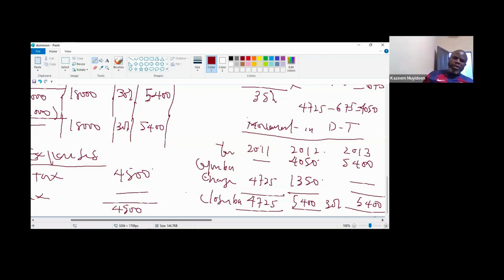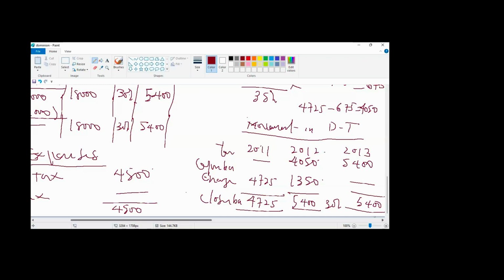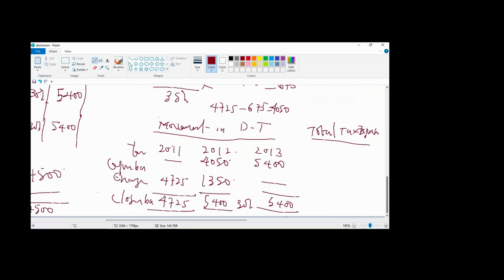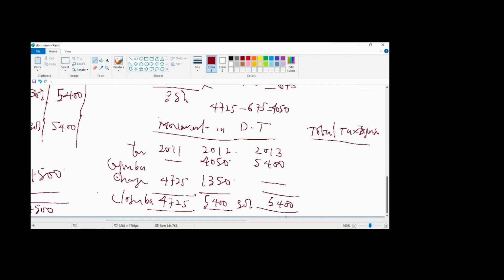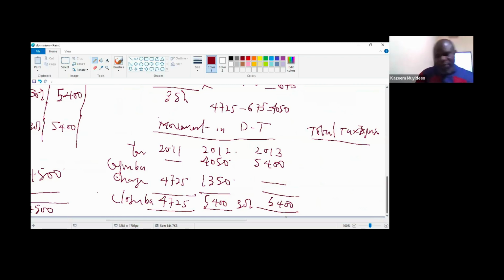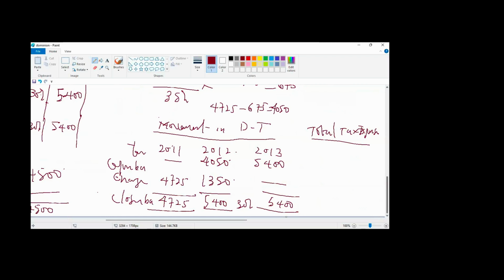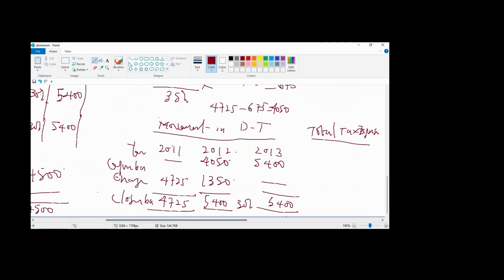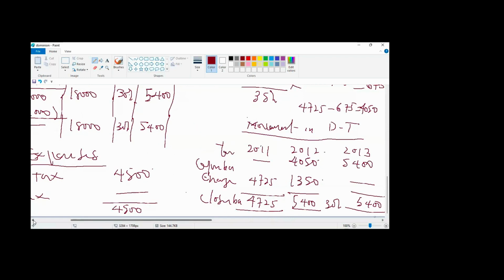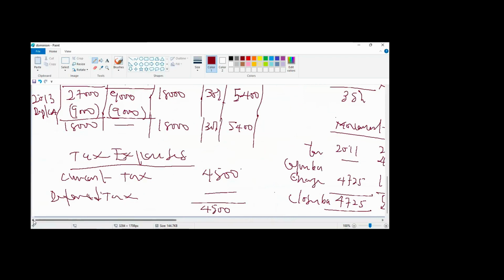Closing in 2012 will be the opening in 2013. It is the opening and the closing that will go to the P or L, the deferred tax charge or credit that goes to the P or L. Any issue now? Next question.